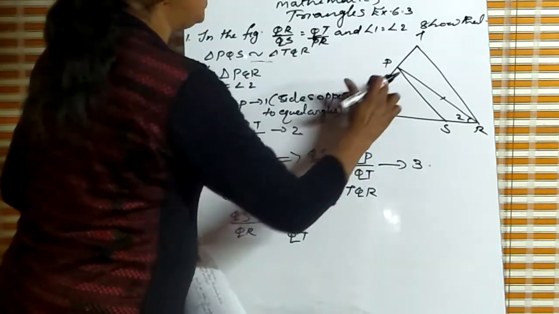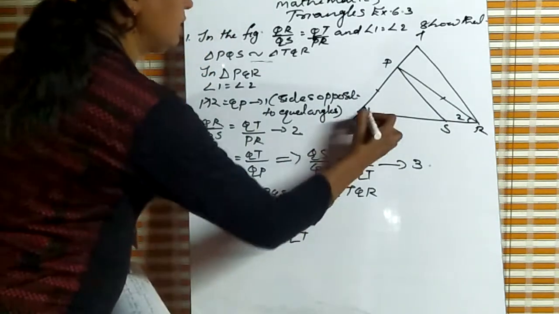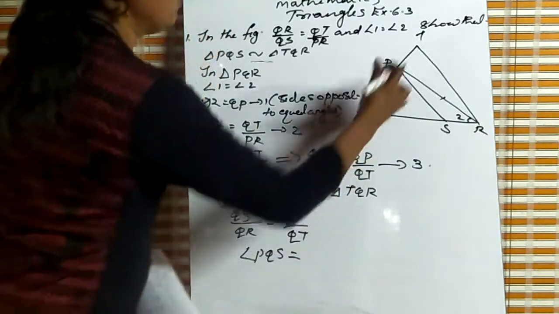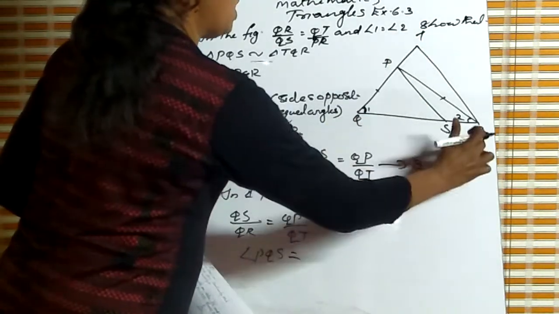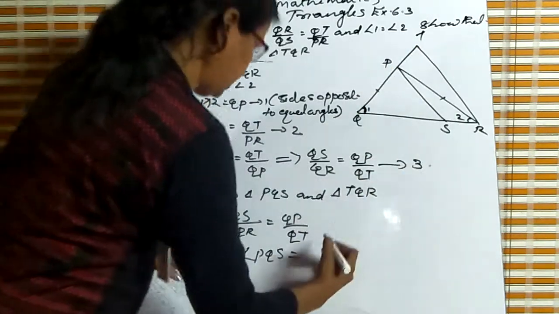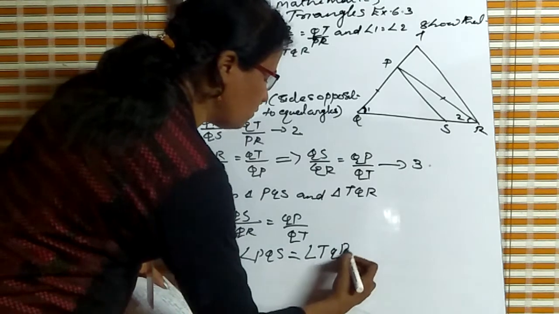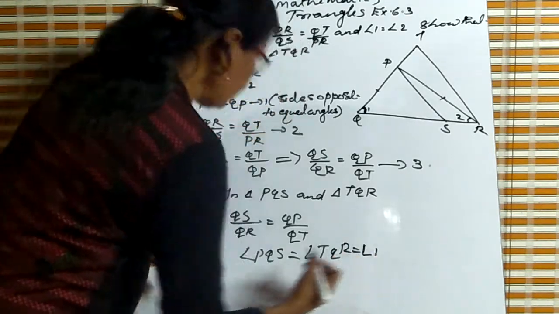For triangle PQS, angle Q is angle PQS, which is equal to, for triangle TQR, angle Q, the name of angle Q is angle TQR. Angle TQR is equal to angle 1.